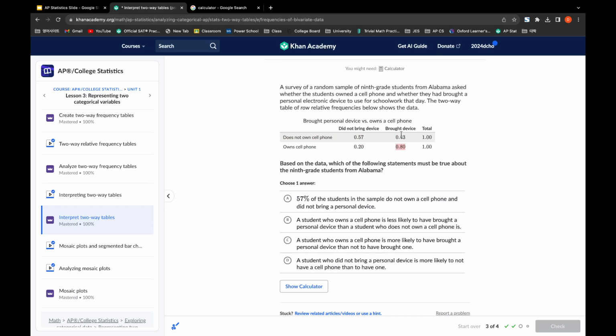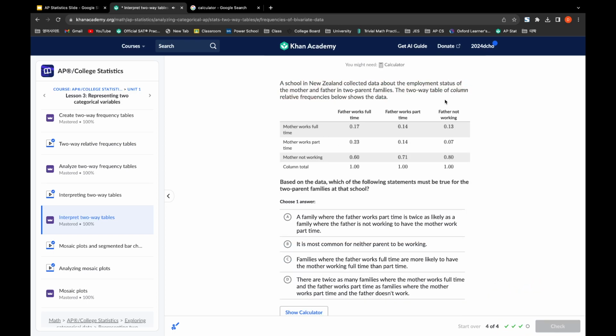No, this is incorrect since we have 80% of students who own a cell phone brought a device, whereas we only have 43% of students who do not own a cell phone brought a device. So this is wrong. C: a student who owns a cell phone is more likely to have brought a personal device. Yeah, this is correct since it's the entire opposite of B.